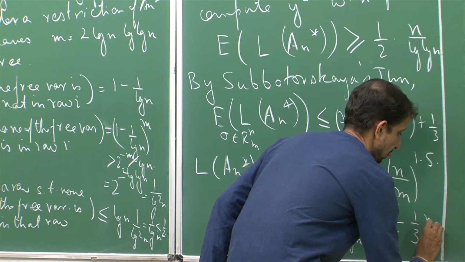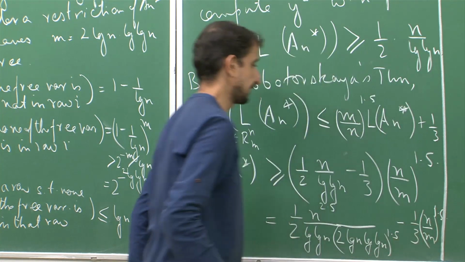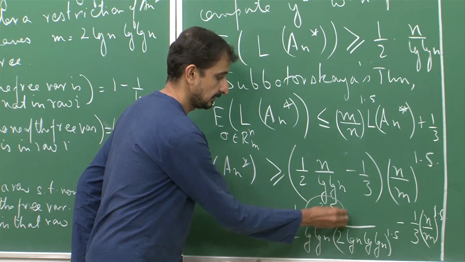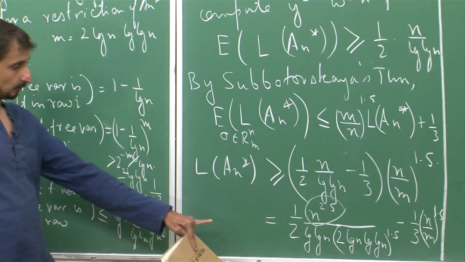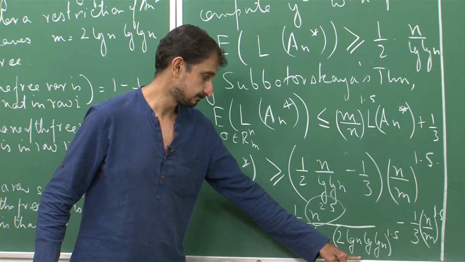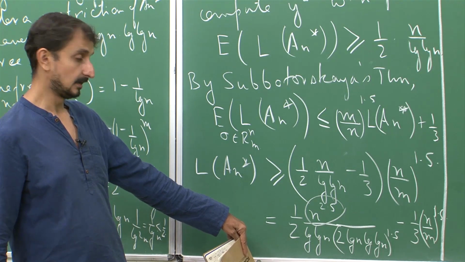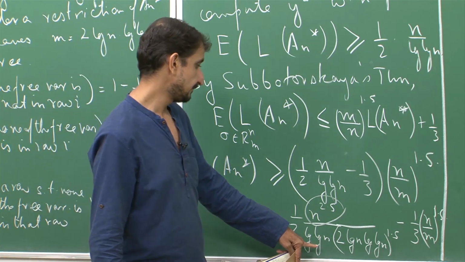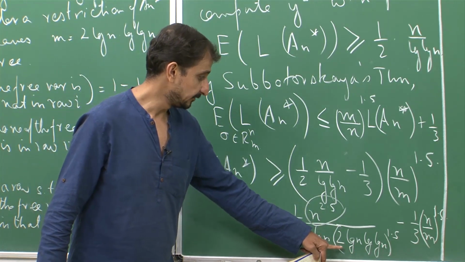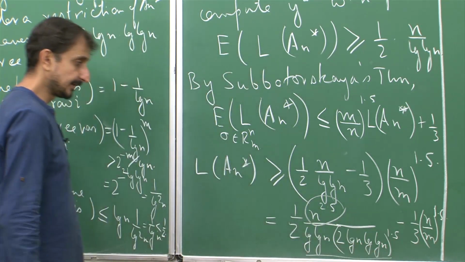Now, this is actually the dominating term, and what we have in the denominator is asymptotically smaller than n.